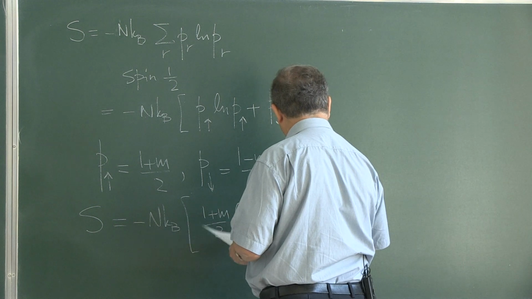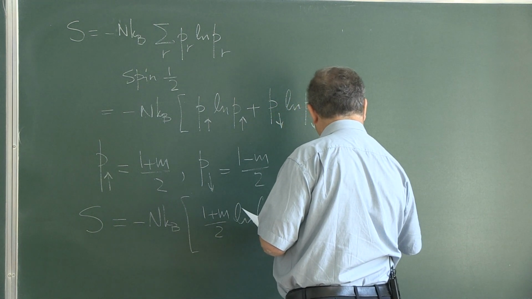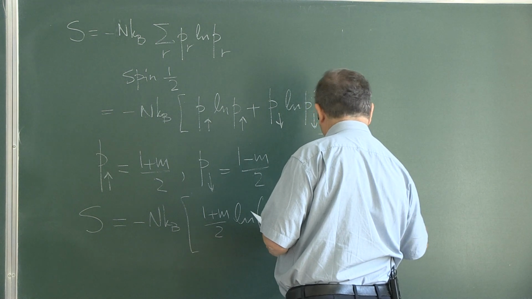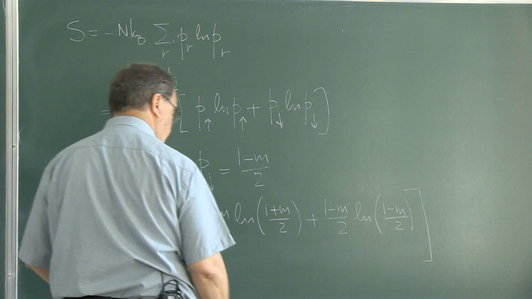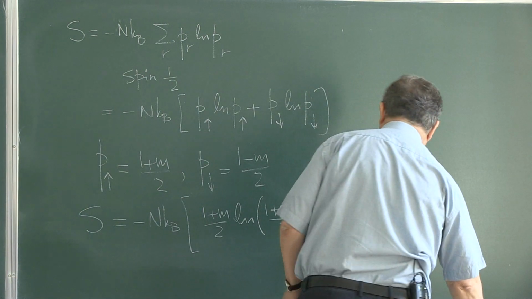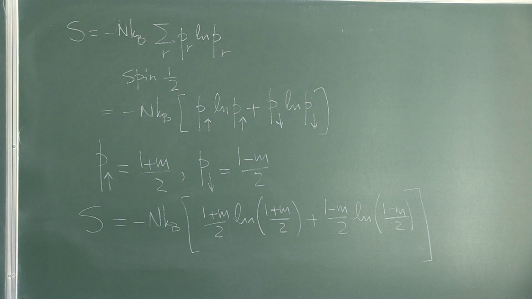Plus (1 minus m over 2) ln (1 minus m over 2). So we can solve this explicitly.